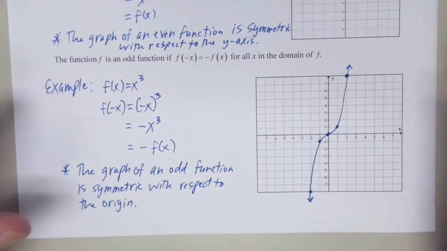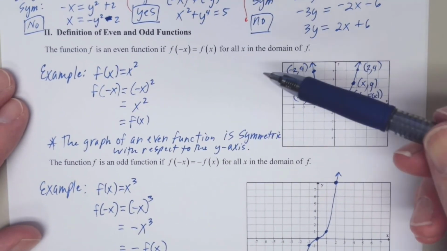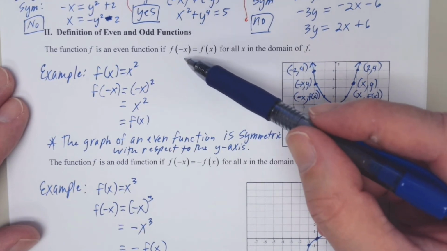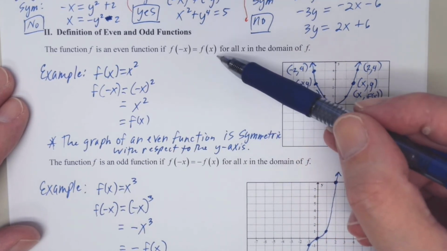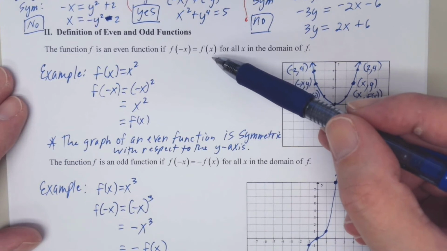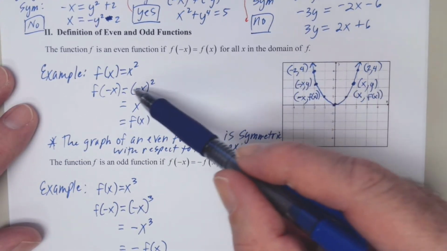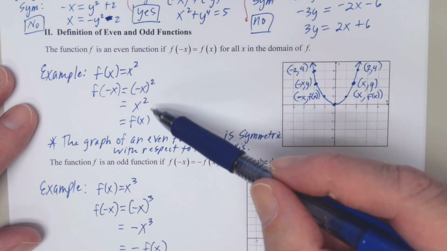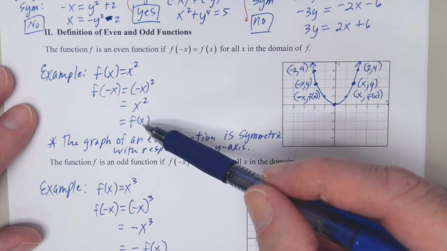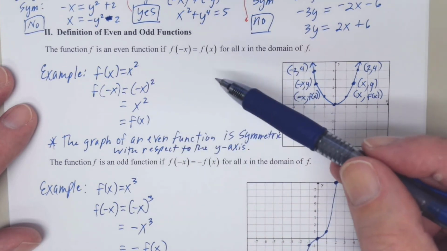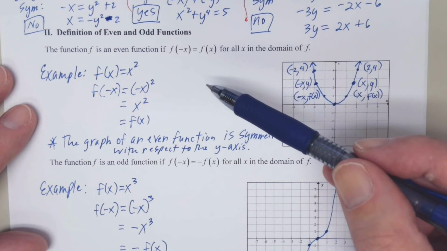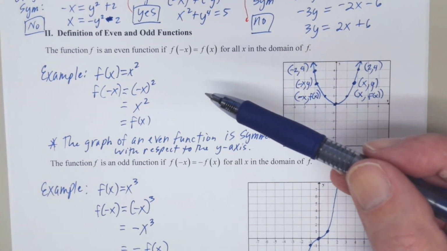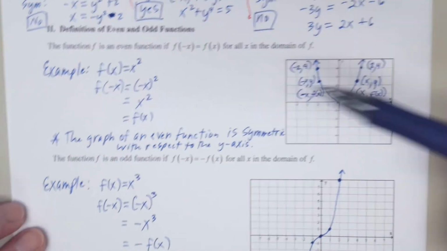All right, so let's make sure we got this down. To determine if I have an even or odd function, I just replace x with minus x, and I see what my output is. If I get the same function that I started with, like we did with x squared, we plugged in minus x, our output ended up being x squared, or the original function. And so in a case like this, you have an even function, and you have symmetry with respect to the y-axis, or what I call y-axis symmetry.